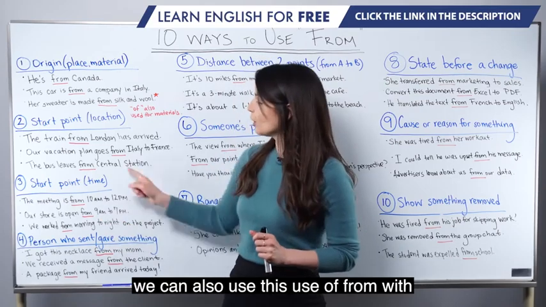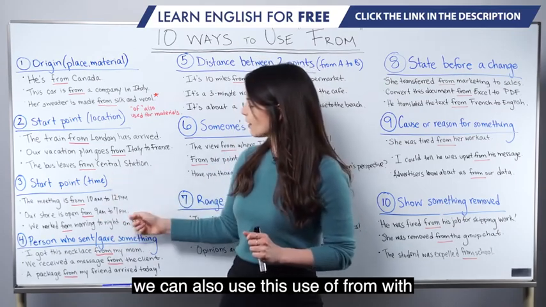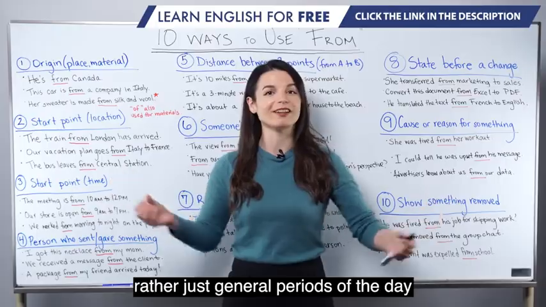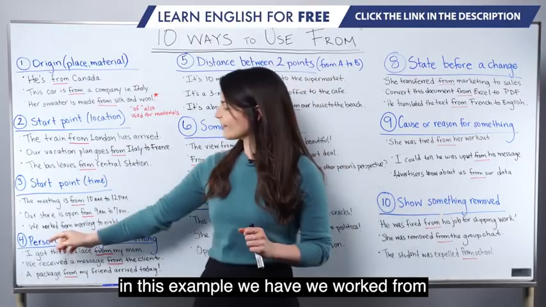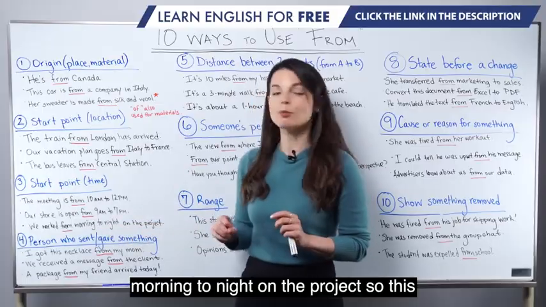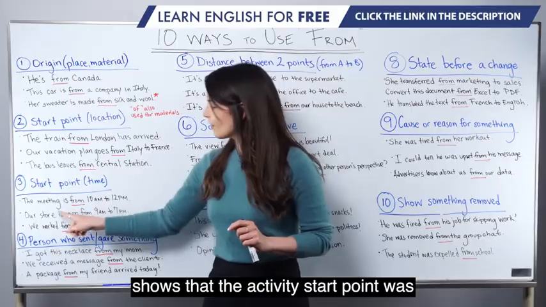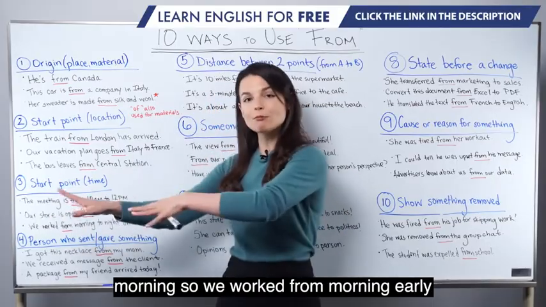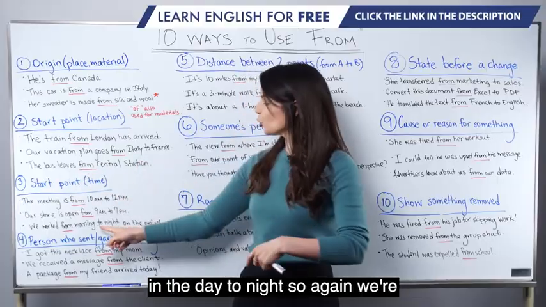We can also use this use of from with things that are not specific times, but rather just general periods of the day. In this example, we have, we worked from morning to night on the project. So this shows that the activity start point was morning. So we worked from morning, early in the day, to night.